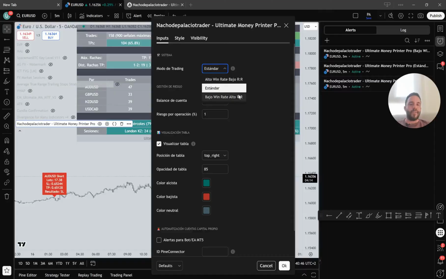A system with a win rate of 35% is going to have streaks of 7 stop losses or so, right? That's what statistics are for. But it could very well be the most profitable system, right? So the good thing here is that depending on your psychology, your personal situation, and how you want to trade, you can choose to trade just one, two, or all three, however you prefer.